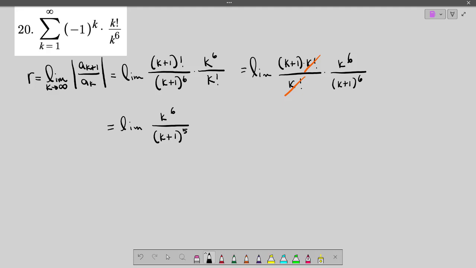So here is the logic that I will use. You obviously could FOIL that thing out ridiculously. You could also use L'Hopital's rule a bunch of times. But we know that if you have a polynomial, the leading term dominates.